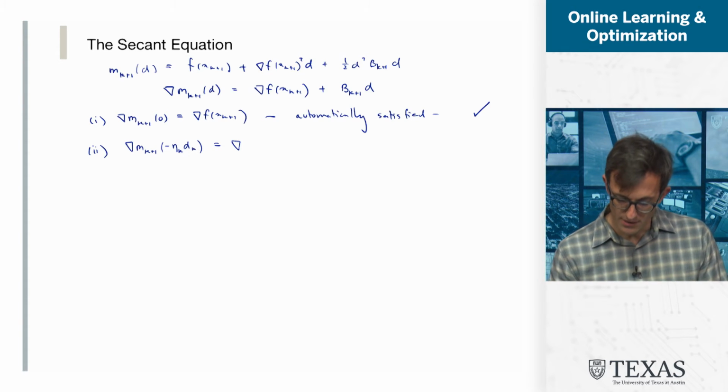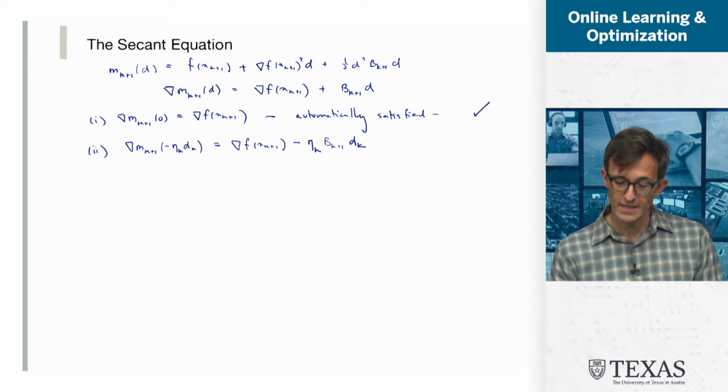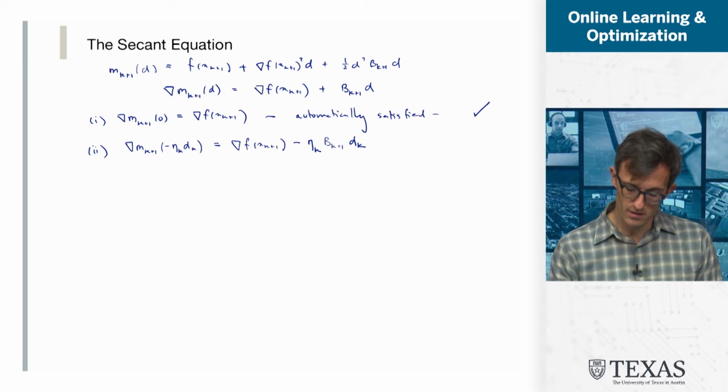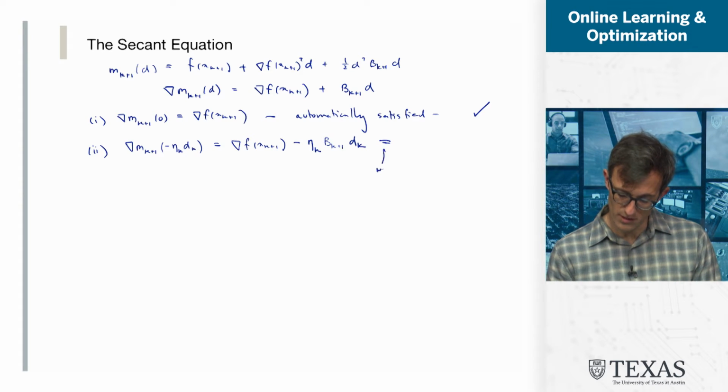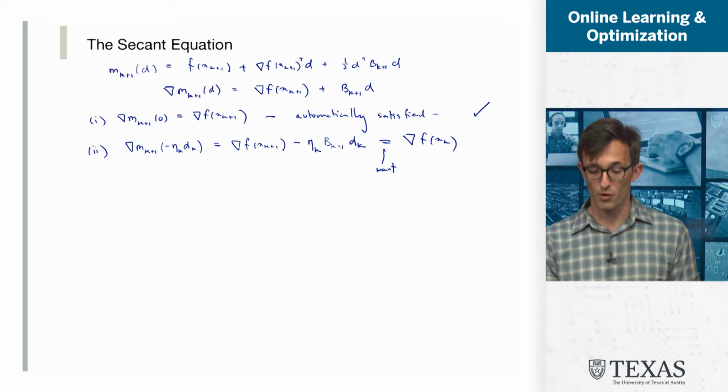Just writing it out, this is equal to the gradient of f of x_{k+1} minus eta_k B_{k+1} d_k. I just plugged in d equals minus eta_k d_k. That's how I got this. And we want this to equal the gradient of f of x_k.